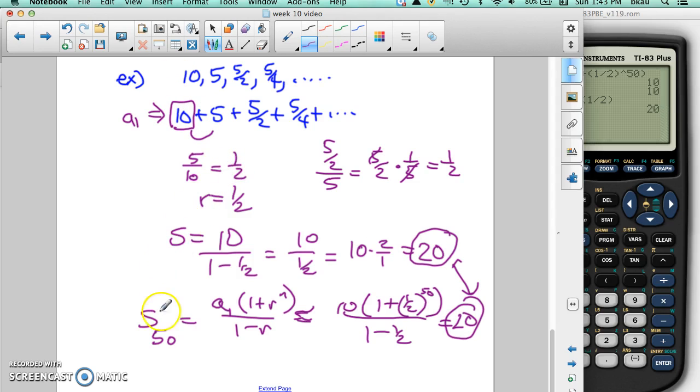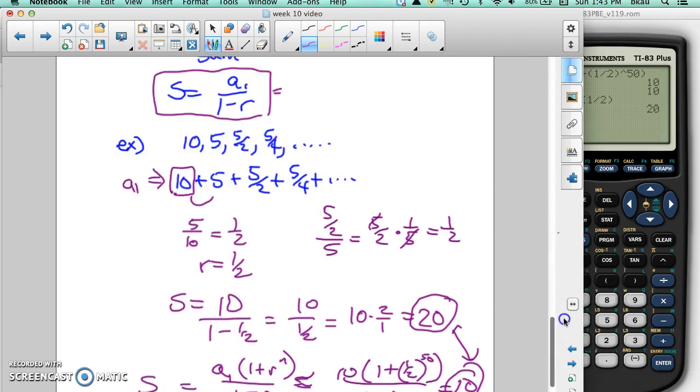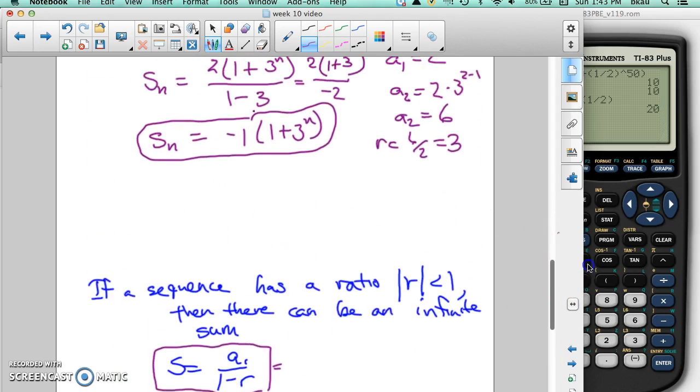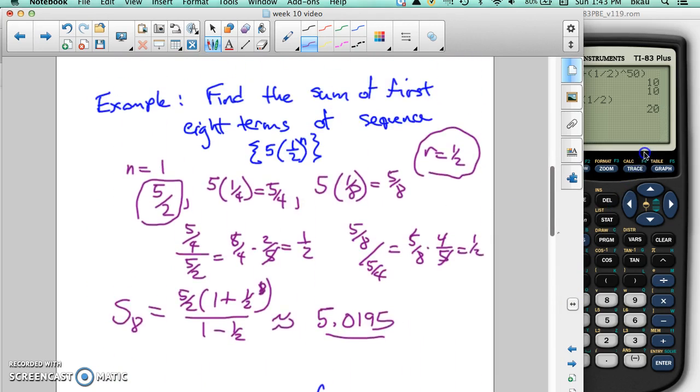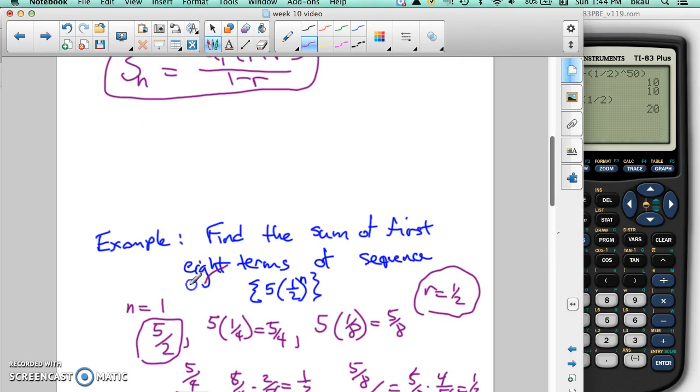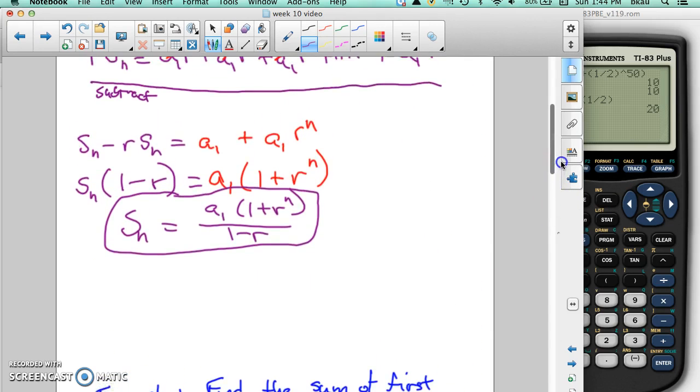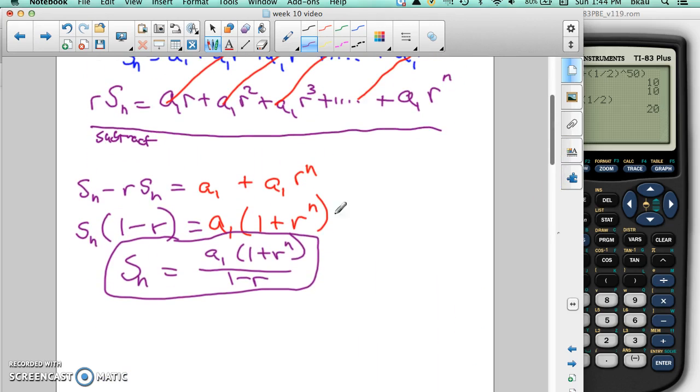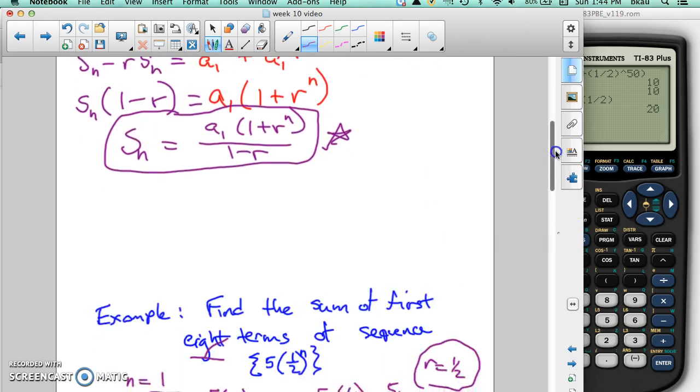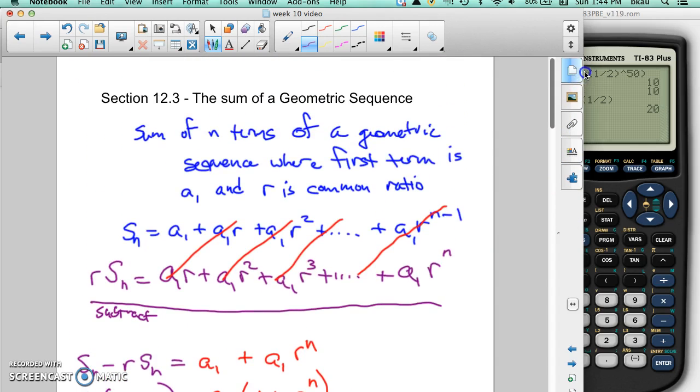So that's not going to work for s sub 2. But as we get bigger and bigger, it approaches a value, and that only works if r is less than 1. Otherwise, we're going to have to use the formula for how many terms we want. If we want 8, then s sub n is going to be s sub 8, and this is the formula that you want to use for the s's for that. Alright, so that's our final video on geometric sums and sequences.